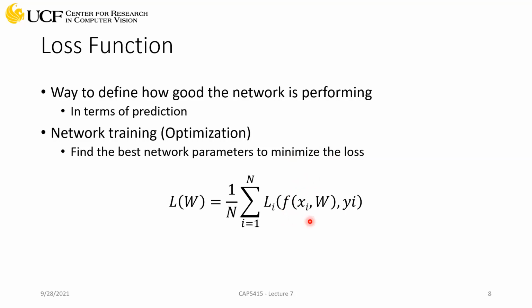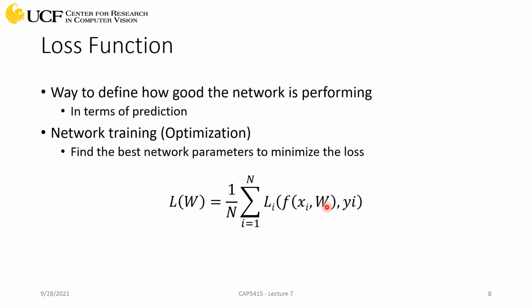So we can formalize this loss function like this. F is your network. X is the input image, for example, an image of an Apple. And W is all the parameters of a network. So not just one layer, all the layers and all the kernels.